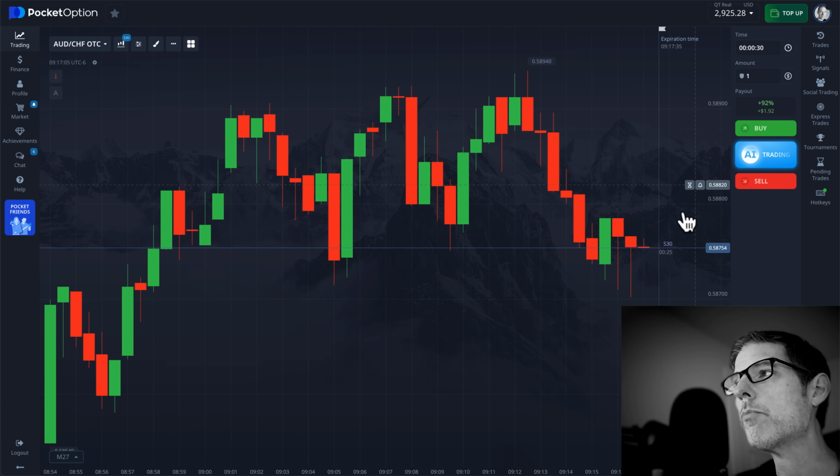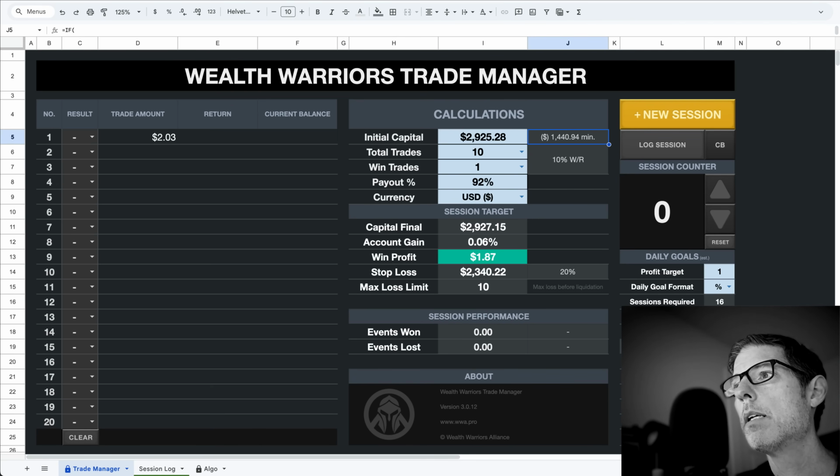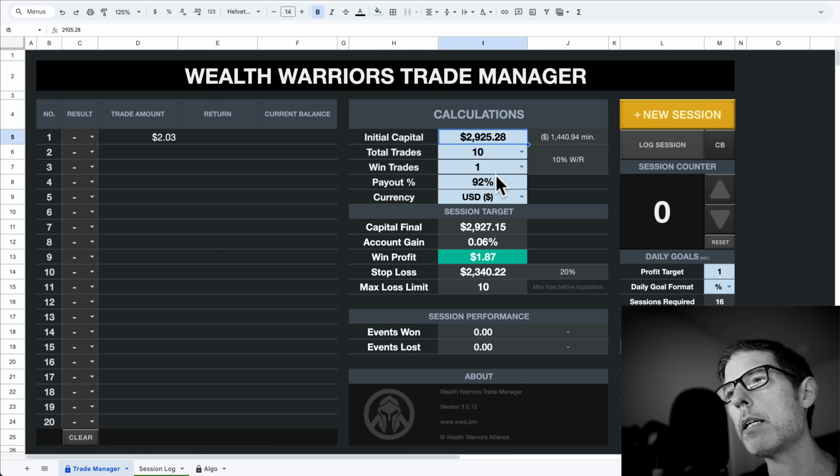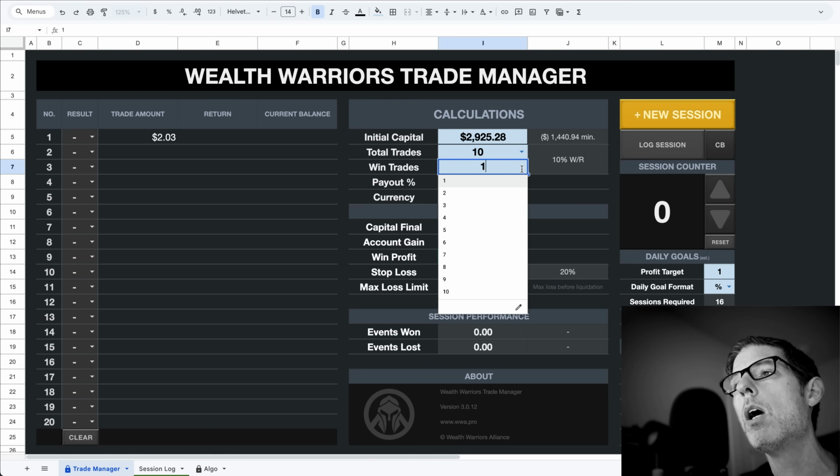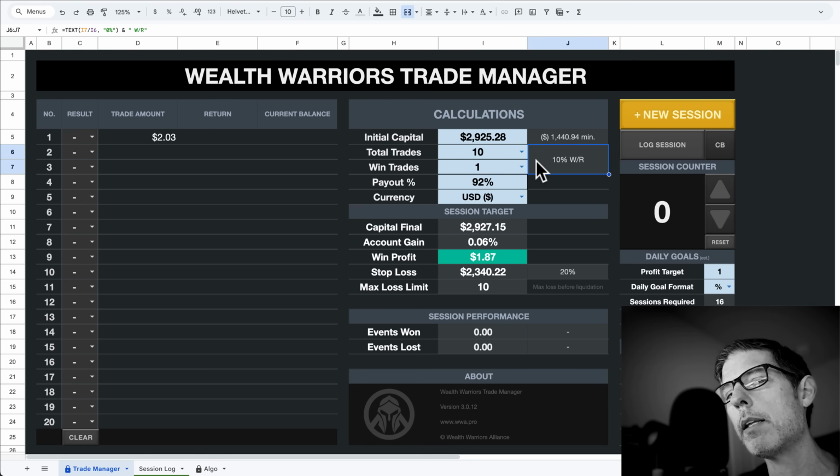So, $2,925.28. And I will make sure that I have that $2,925.28 entered into the initial capital box on the Trade Manager. Once that's there, and I have all the settings that I want, these are fully customizable, by the way. You can make these super risky or ultra conservative. I won't get into that on this video. The Trade Manager gives me the trade amounts, so I don't have to think about it and guess, especially if I have a loss.